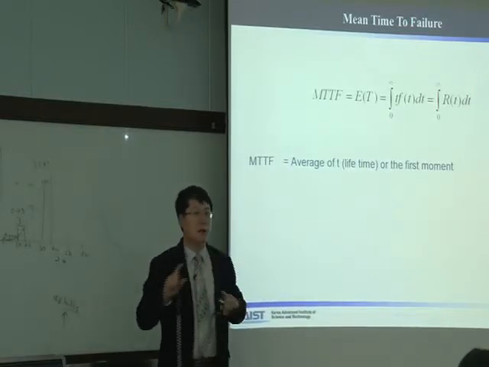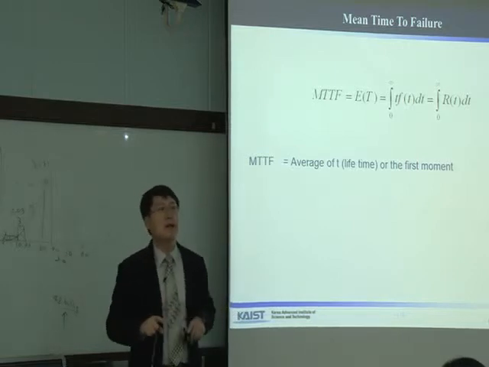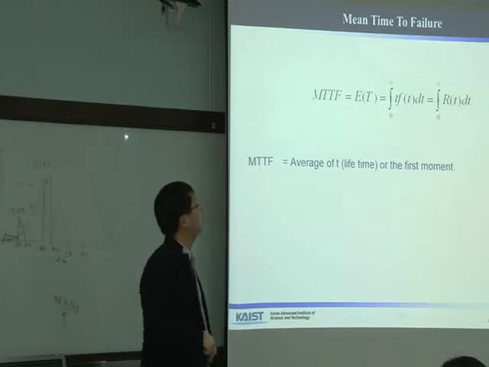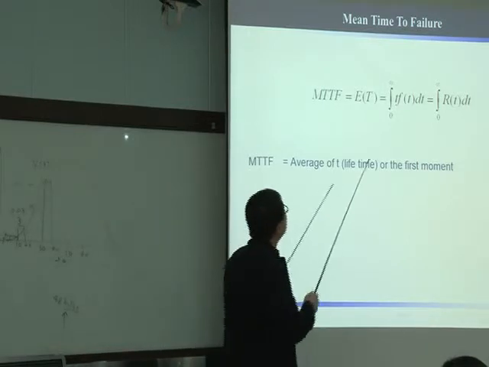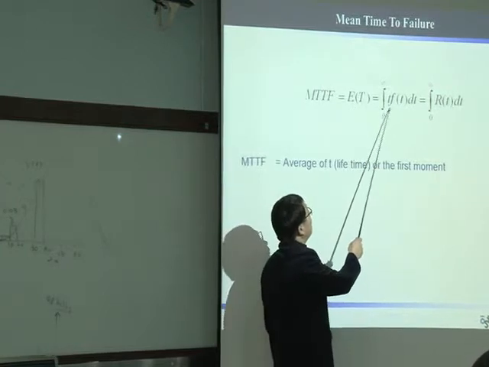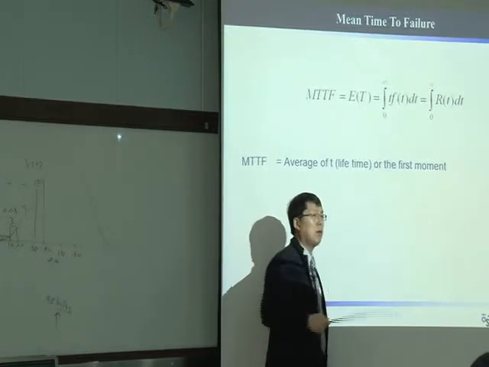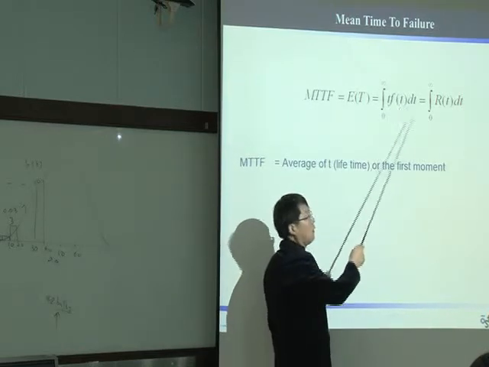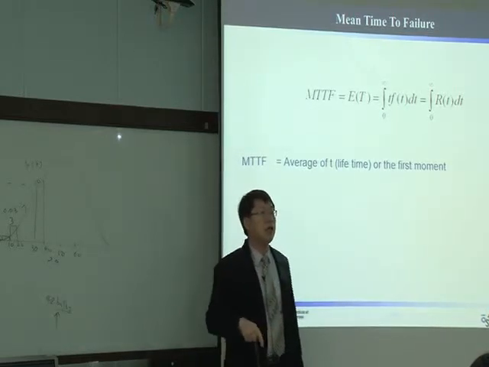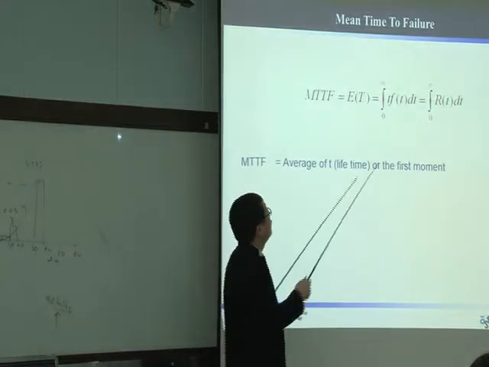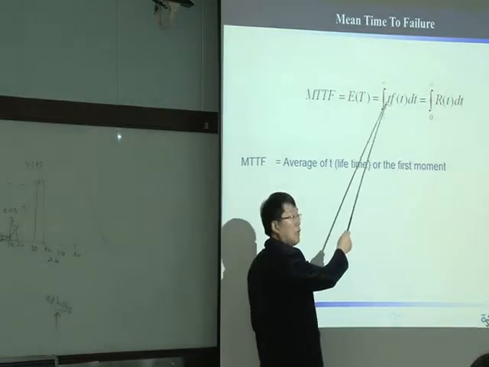So the rest is some mathematical operation. You know the definition of mean. If we know the probability density function, and we integrate t times f(t), it is the mean of t.